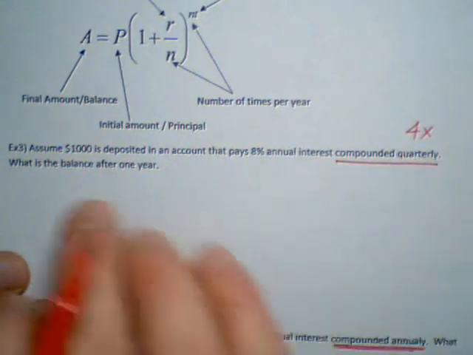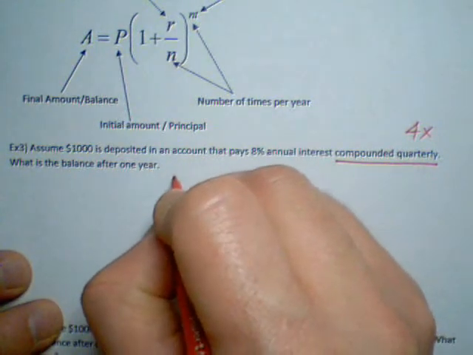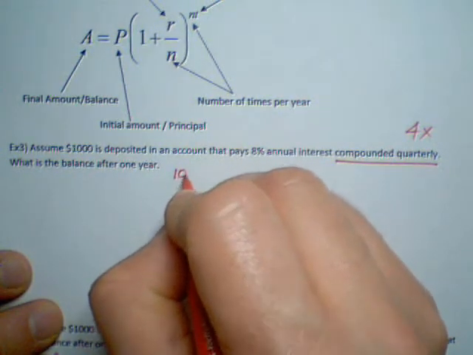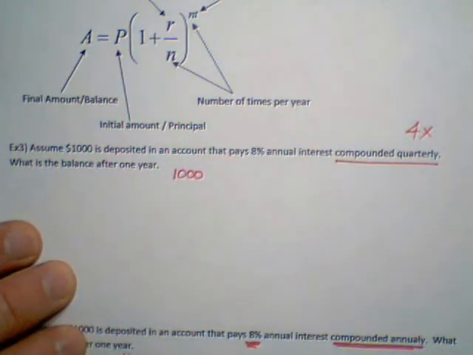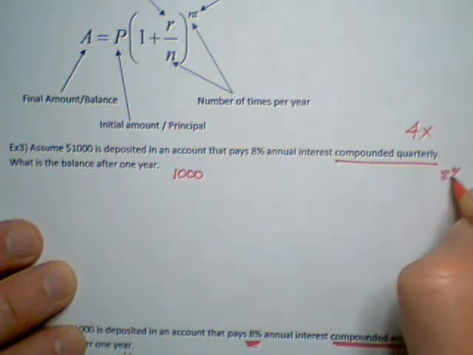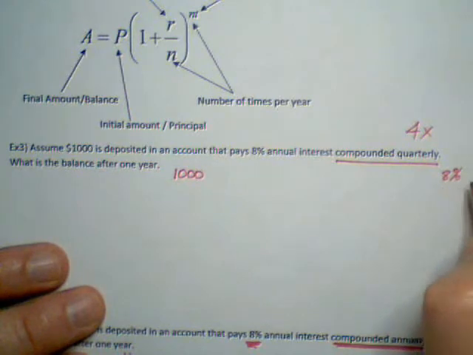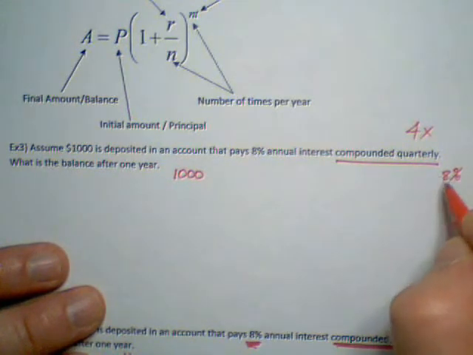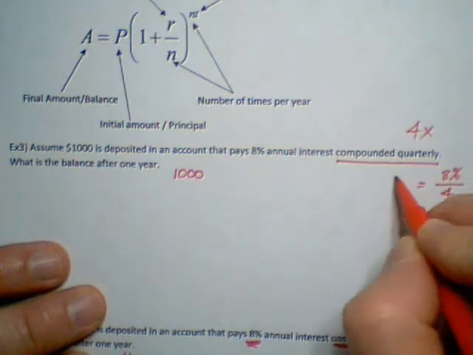You don't have to write this down. But basically, let's say in our scenario we start with $1,000 in January. The bank is offering 8%, but it's going to divide that payment into 4 different payments. So 8% divided by 4 would be 2%.